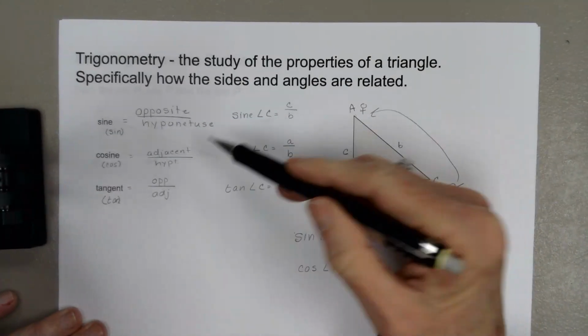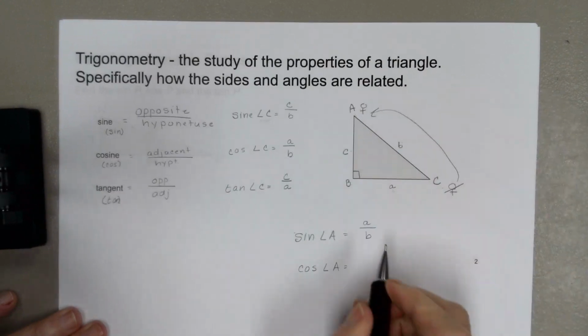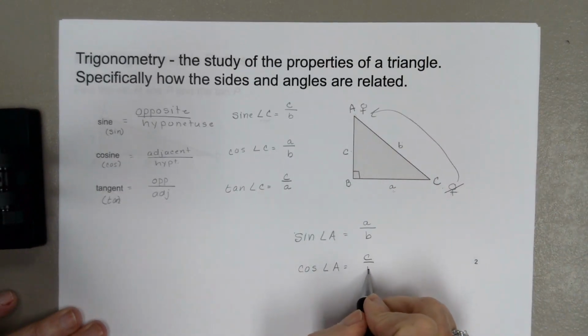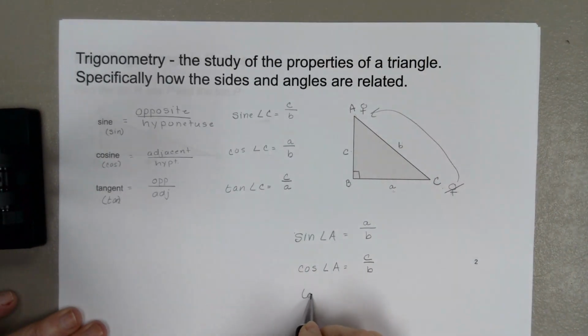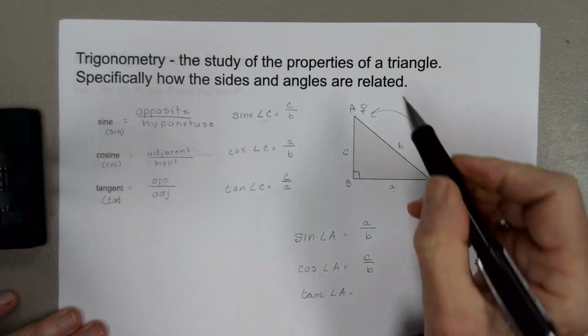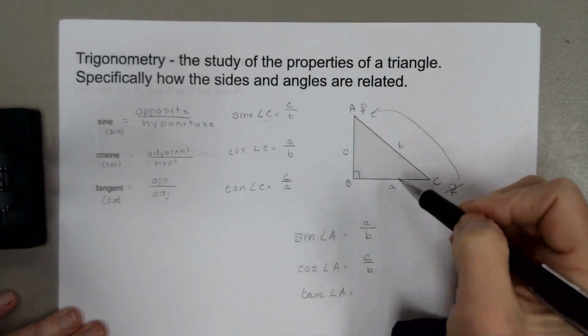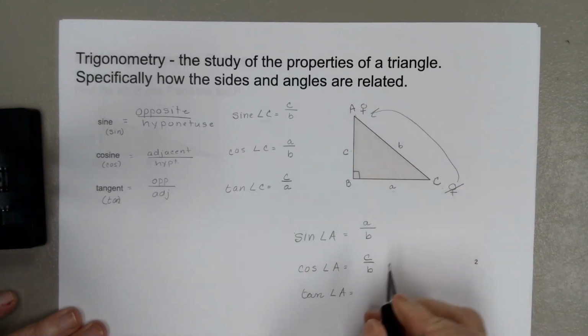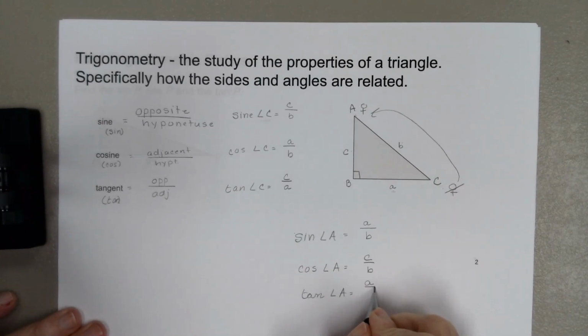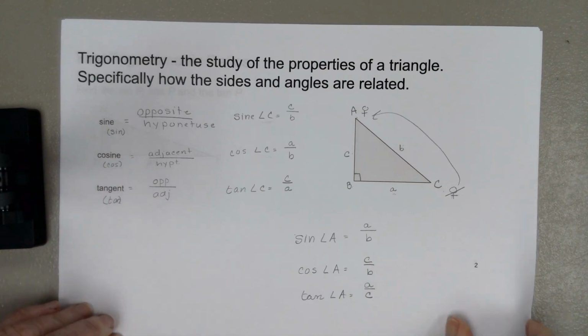It's adjacent over hypotenuse, so it's C over B. And if I asked you for the tangent of angle A, I'm standing here, so it's opposite over adjacent, so it's A over C.